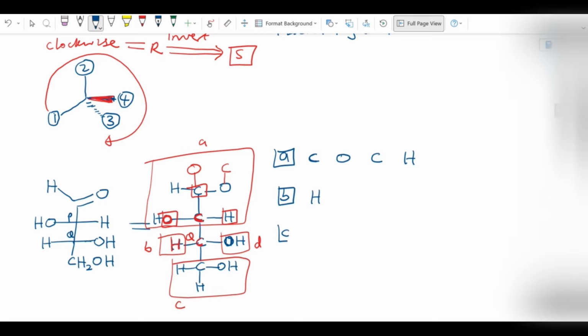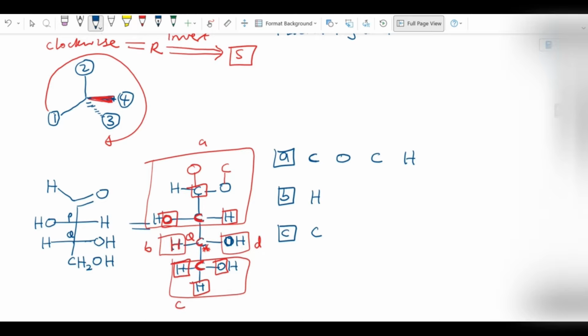Then we go to group C. In group C, we have carbon. Carbon is the atom that is directly attached to the chiral carbon Q. So I'm going to list carbon. Now, that carbon has 3 other atoms that are directly attached to it.